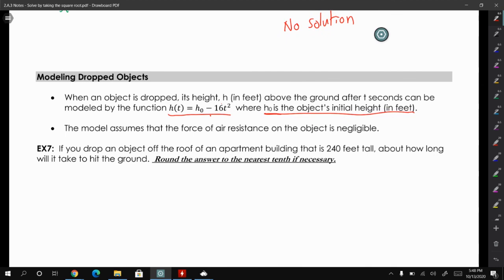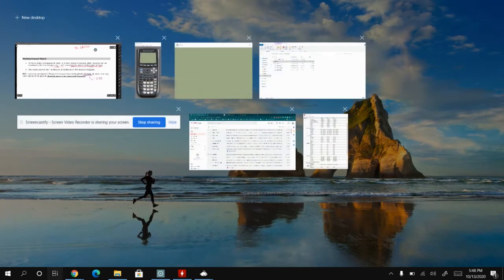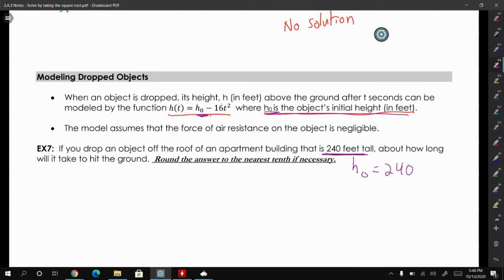So if you drop an object off the roof of an apartment building that is 240 feet tall, so that's your initial height. So this tells us that h naught is 240. How long will it take to hit the ground? So we need to solve this and figure out what t is. Now the height at the ground, when we say how long will it take to hit the ground, that means h of t is 0.